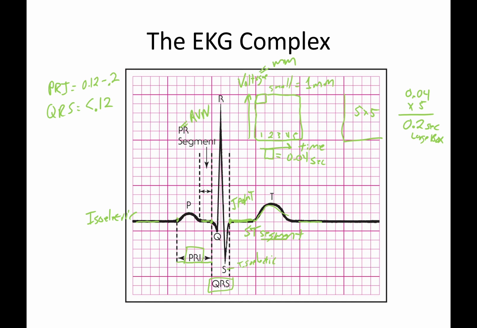Your ST segment should be less than 1 millimeter plus or minus. We want that ST segment to be right on the isoelectric line, but even if it's up a millimeter or down a millimeter, not quite as big of a deal. And we'll talk more about that later.